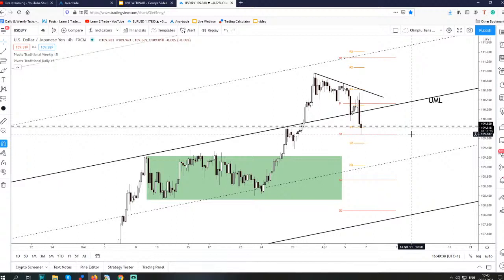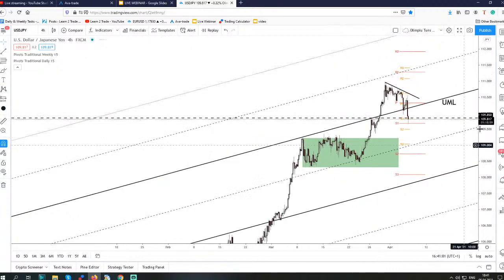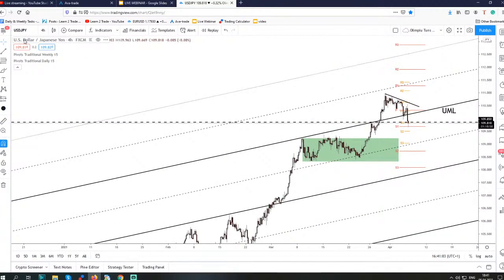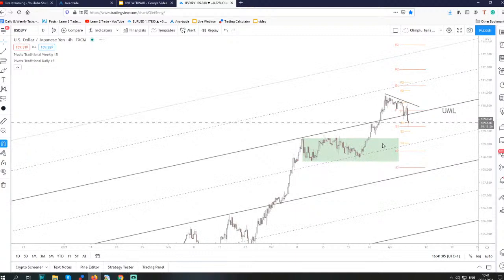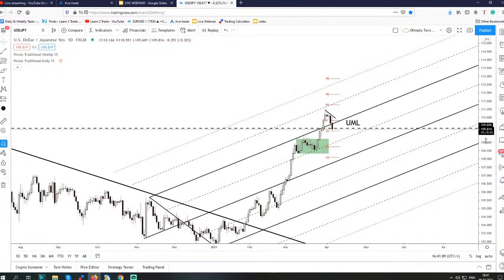109.68, guys. Yes, I will talk about the US 100 right after talking about this pair. So if the price will close right below today's low, below 109.66, below S1, then it could continue to drop in the short term. But guys, you should keep in mind that this pair is still bullish despite this temporary decline.